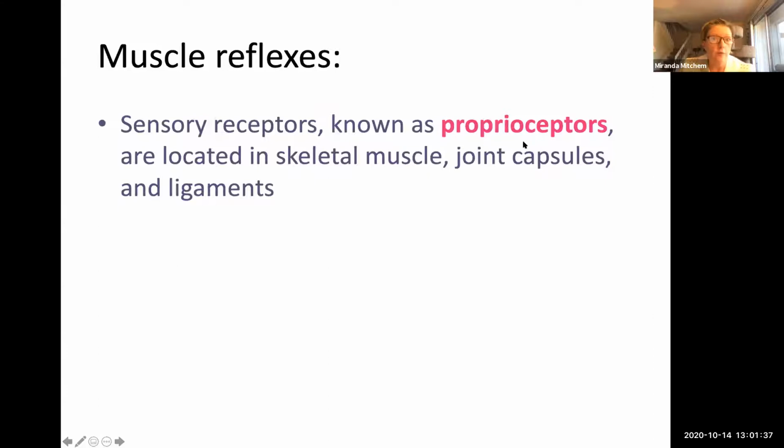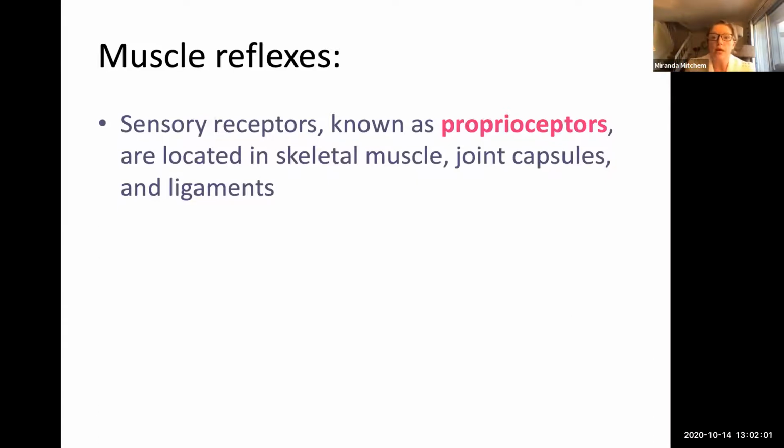That's a new word for us, but ceptors really isn't. We've seen that in receptor. So these are receptors that are located in skeletal muscle, joint capsules, and ligaments. They're located outside of the muscle too, but they are all tied into muscle responses.